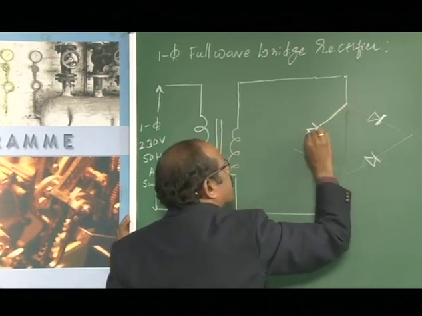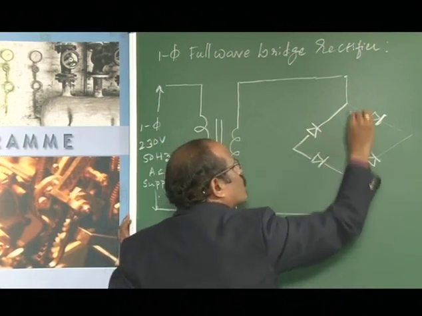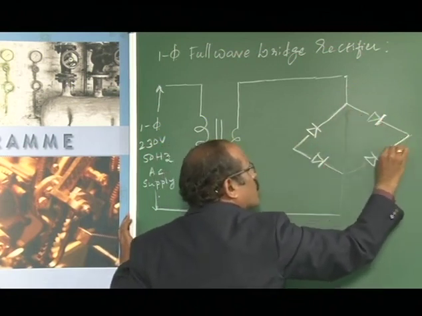So we have 4 diodes in a bridge configuration.